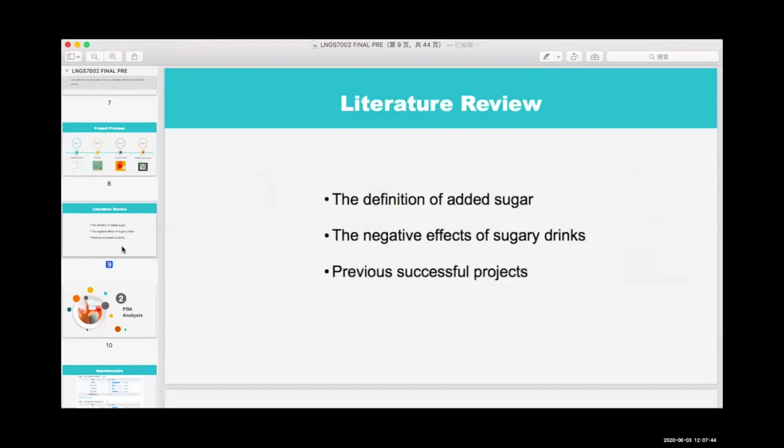Our literature review includes 3 major focus points: articles in terms of the definition of added sugar and the negative effects of drinking sugar drinks. Some previous successful projects regarding how to reduce teenagers' consumption of sugar beverages in other countries. Most of the readings suggest that sweetened drinks tend to be the biggest source of added sugar.